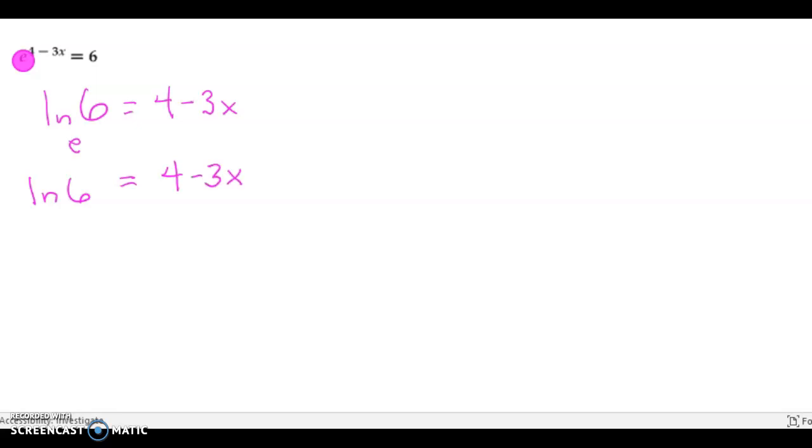Let's solve for x by subtracting 4 from both sides. So we have natural log of 6, close parentheses, minus 4 equals negative 3x. Divide both sides by negative 3, and we'd have natural log of 6, close parentheses, minus 4 divided by negative 3 equals x.